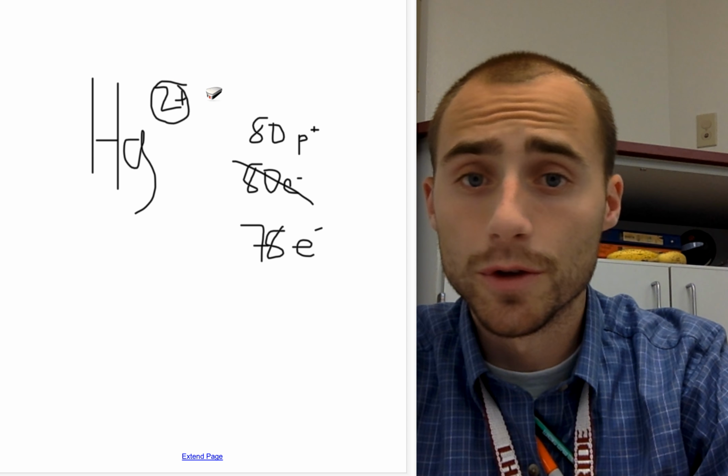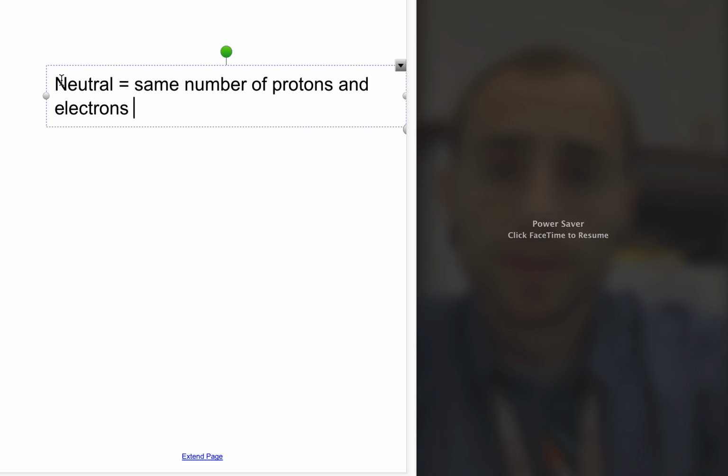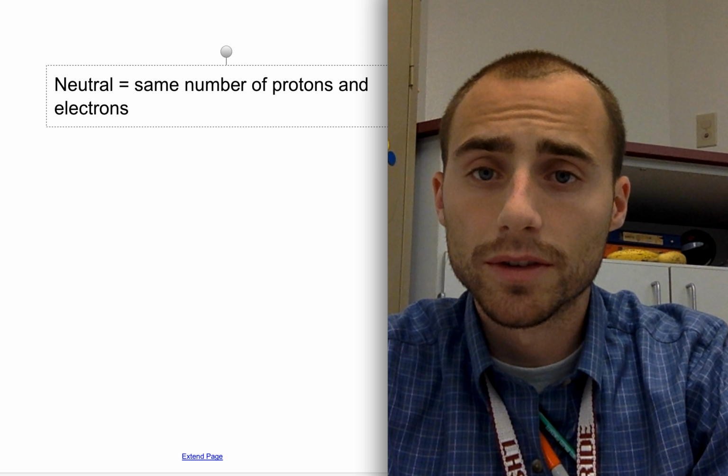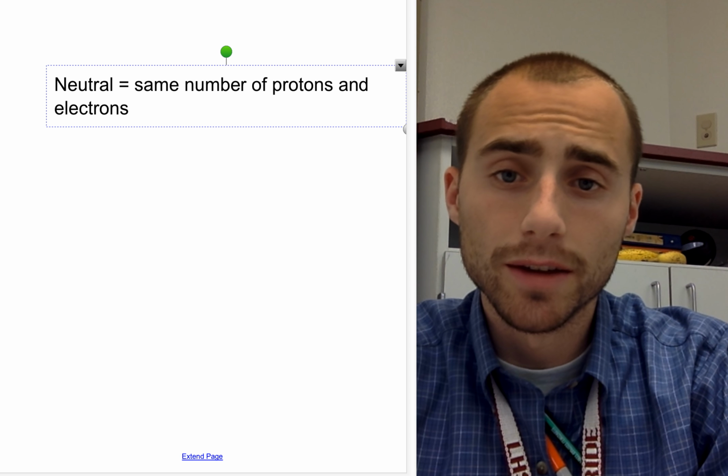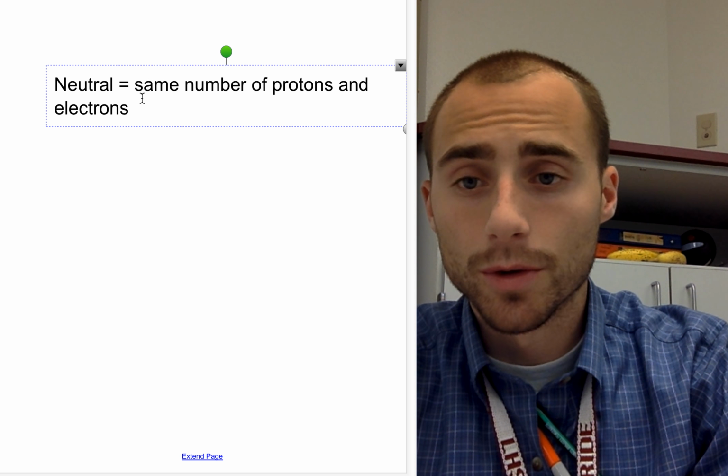Okay, another one, neutral. If it's a neutral atom, then that means it has the same number of protons and electrons. The reason it's neutral, if it has the same number of protons and electrons, is because protons are positively charged and electrons are negatively charged. So if you have the exact same number, it's going to be neutral.